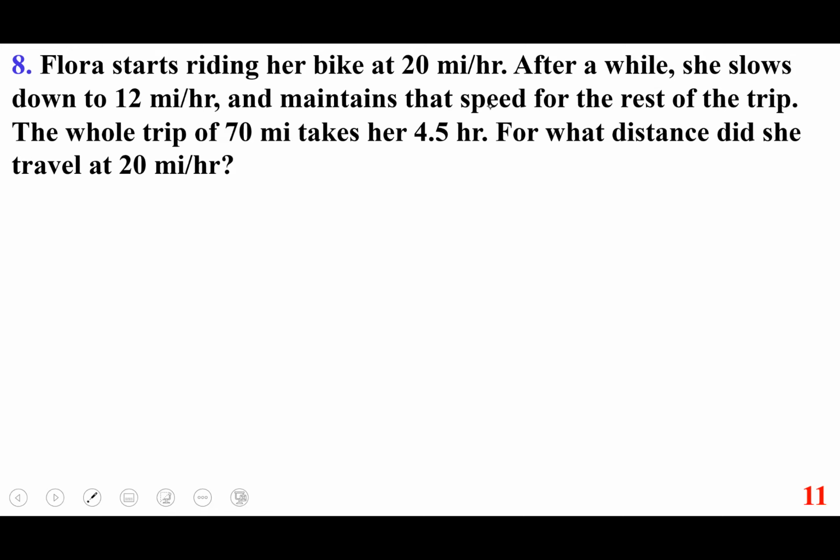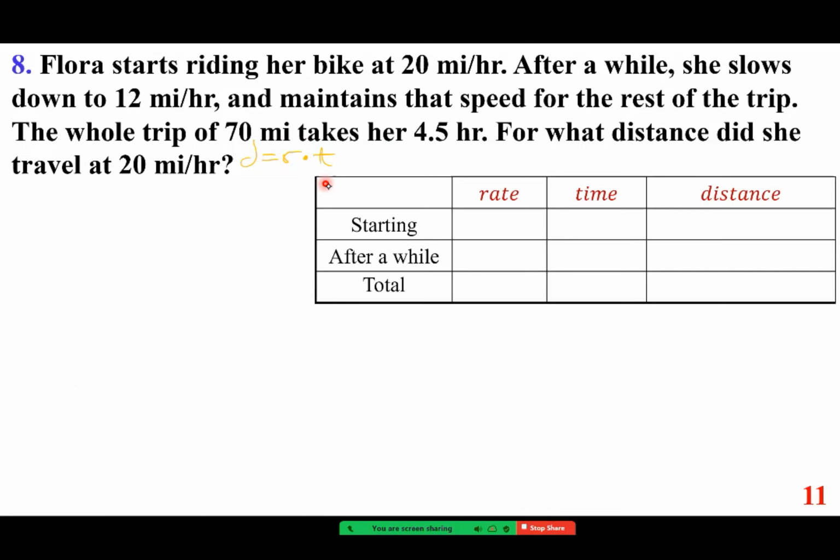Excellent. Well, this is a class of problem known as motion problem. So we have D equals RT. D is the distance, R is the rate, the average rate or speed, T is the time. So we have to set up some sort of a table.